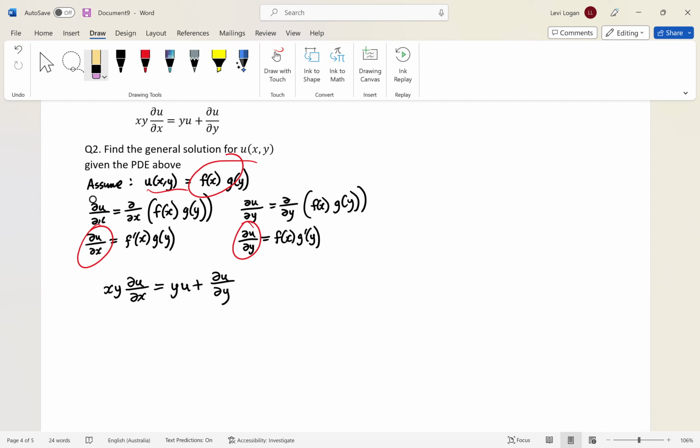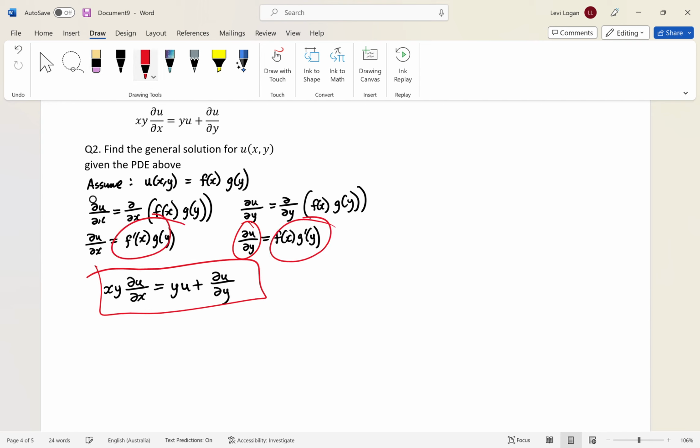So I'm just going to rewrite this entire thing here, except with these in their corresponding spots, okay? So let's rewrite our PDE with our expressions that we've established up there.